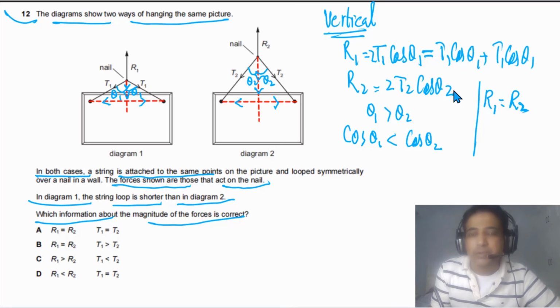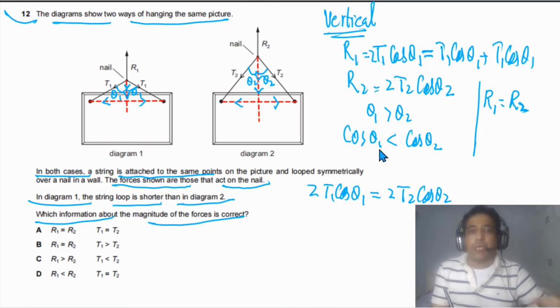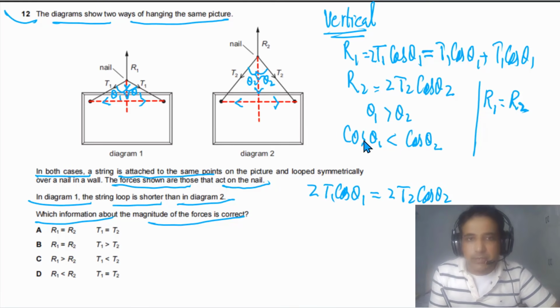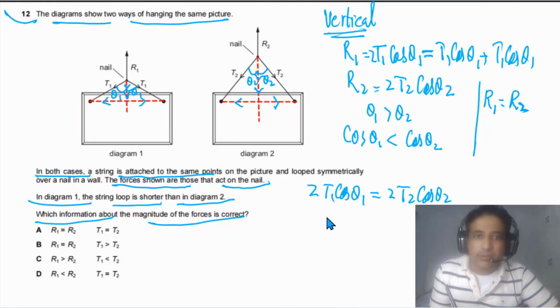If R1 is equal to R2, we can write down 2T1 cosine of theta 1 equals 2T2 cosine of theta 2. If cosine of theta 1 is smaller than cosine of theta 2, it simply means that T1 has to increase, because if this part decreases, this one has to increase.